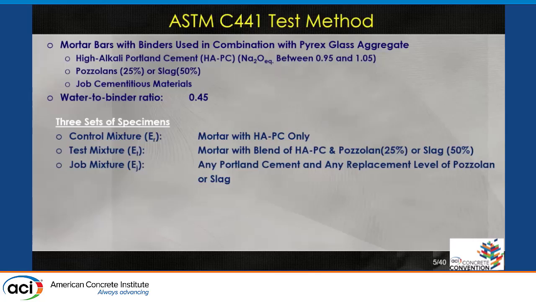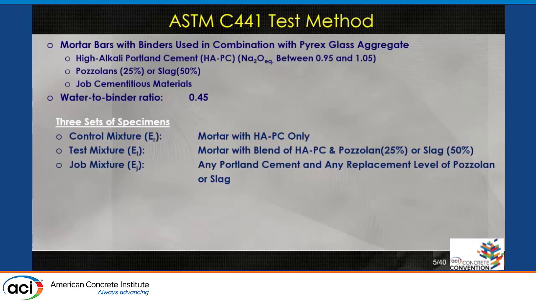You have a control mixture, just with high alkali Portland cement. You have a test mixture that has a combination of this cement with either a pozzolan or slag. And then you can also cast a job mixture that is pretty much with any Portland cement, that is the job cement, with any replacement level of pozzolan that is going to be used.